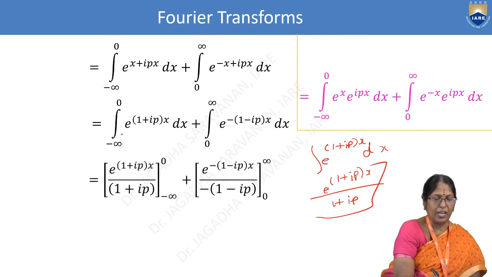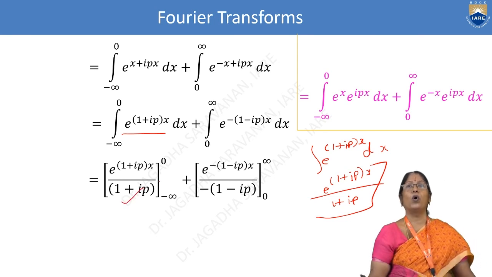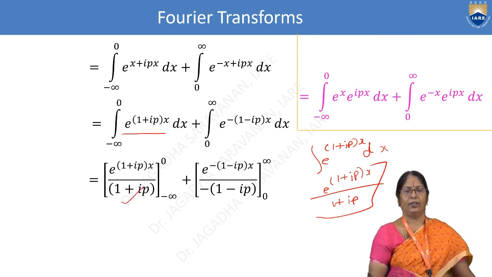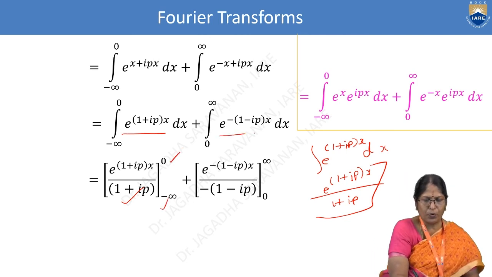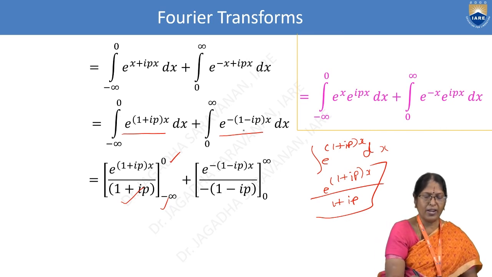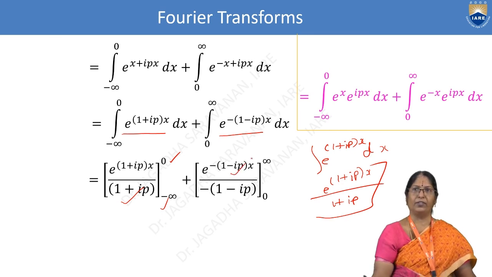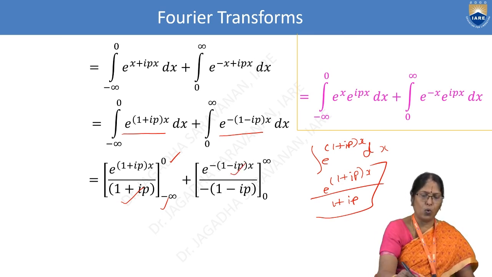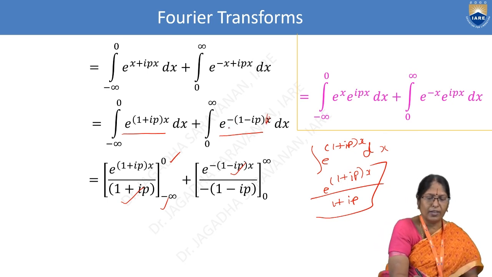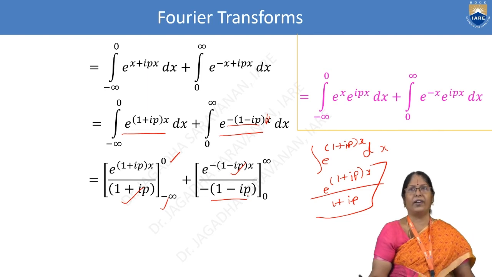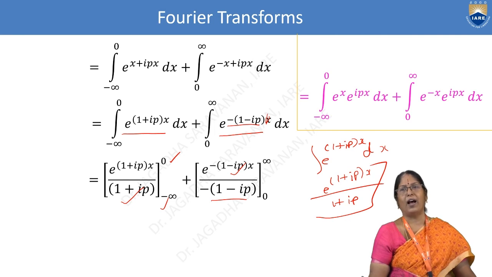Here we can see it: e power 1 plus ip of x divided by the coefficient of x, minus infinity to 0. Fine. The same rule here also: e power minus of 1 minus ip of x, as it is written, divided by the coefficient of x. Coefficient of x, x we will leave, and the remaining will come divided by. That's what is written here: minus of 1 minus ip.